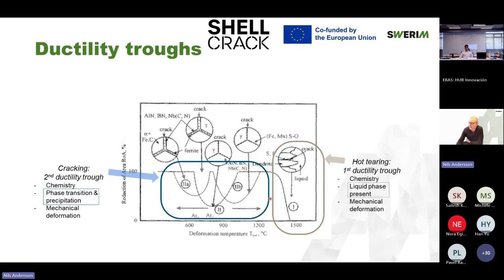And we have one or two ductility troughs in the lower temperature region, caused by different phases near the grain boundaries.